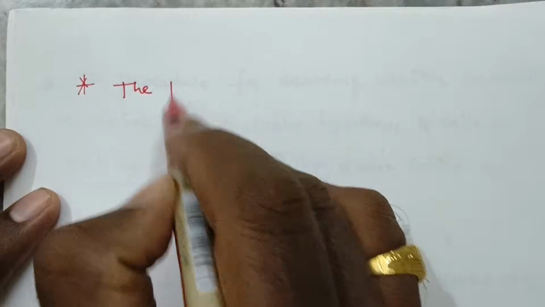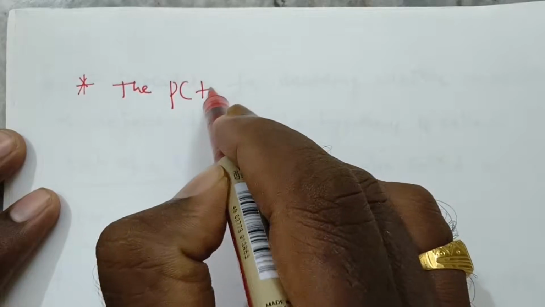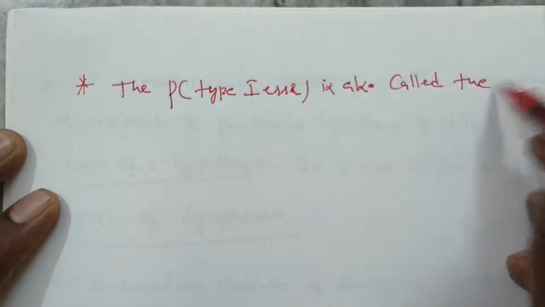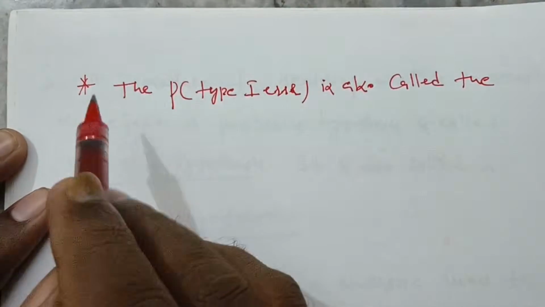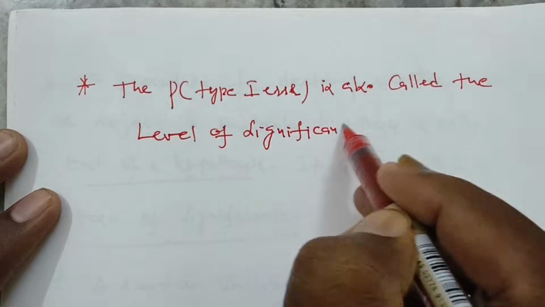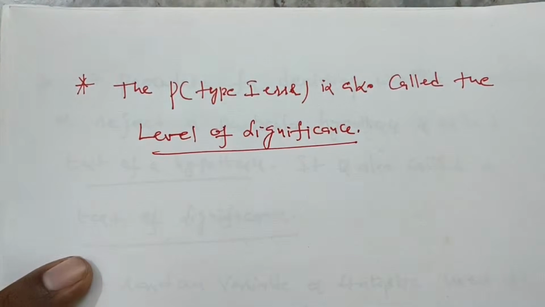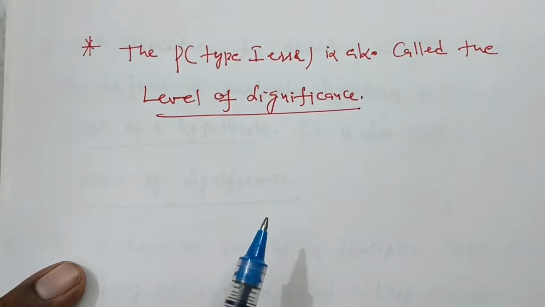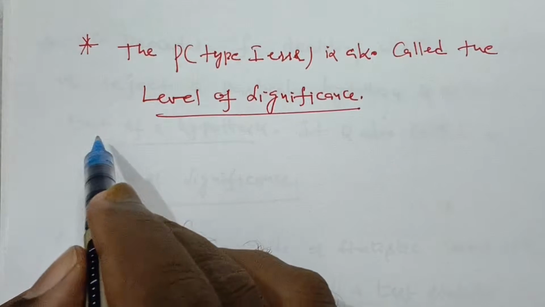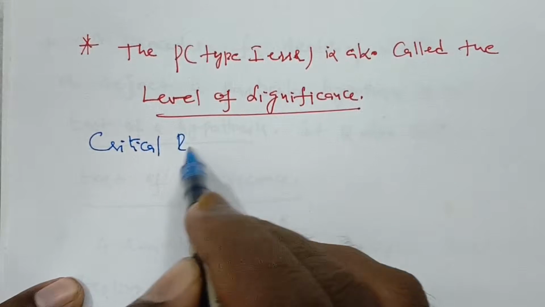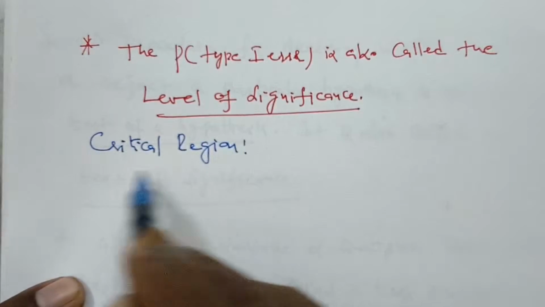From the above discussion, we have an important point here. The probability of type 1 error is also called the level of significance. So what is the level of significance? Probability of type 1 error. And the definition, critical region.